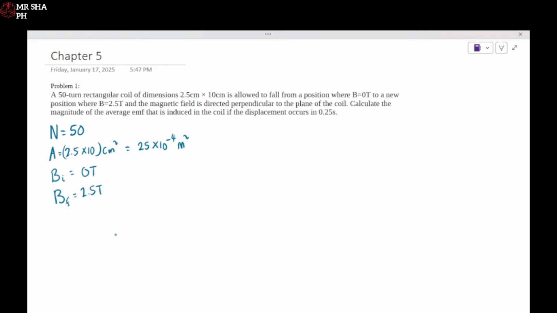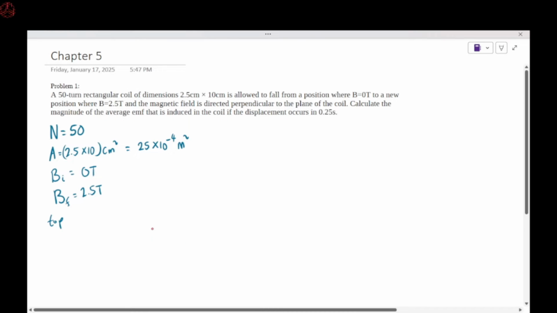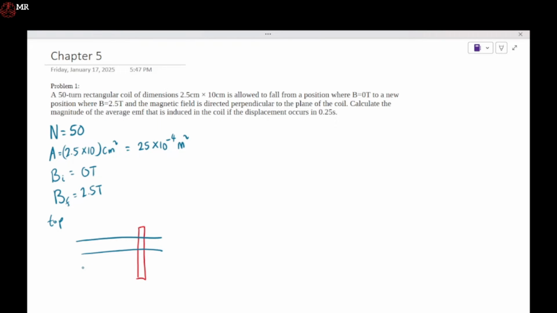The magnetic field is directed perpendicular, so from the top view, if I have my plane, let's use red for the plane, and I have magnetic field going this way, this is B, and then I have my area vector pointing this way.